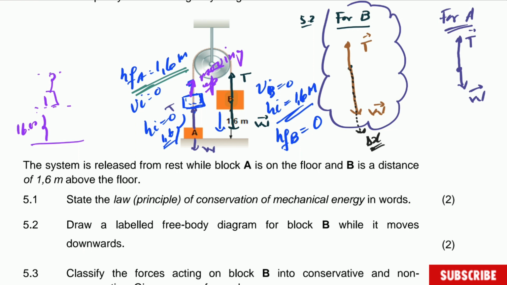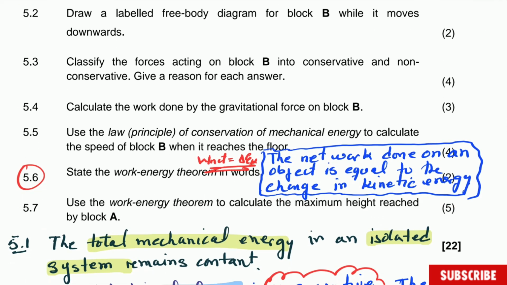At that specific point, the only force acting is going to be weight, because the rope is not acting anymore on the object. So let's solve this question real fast. In question 5.7, they said use the work energy theorem, so we must start from there, using it for block A.